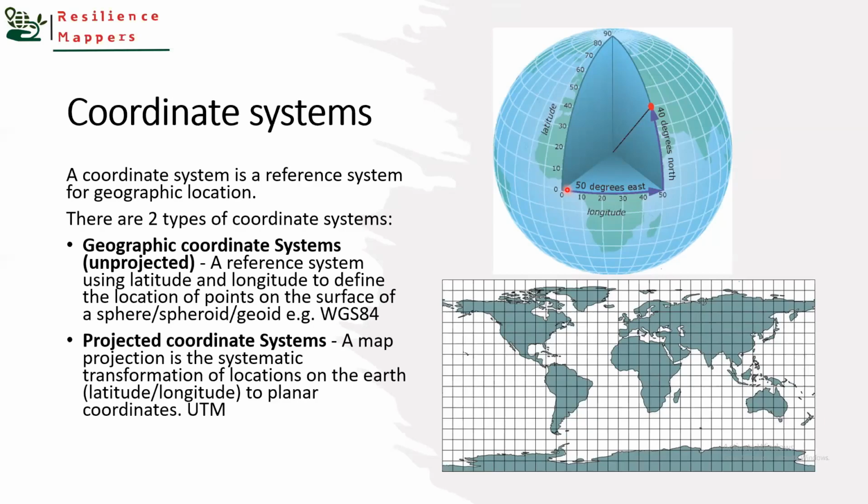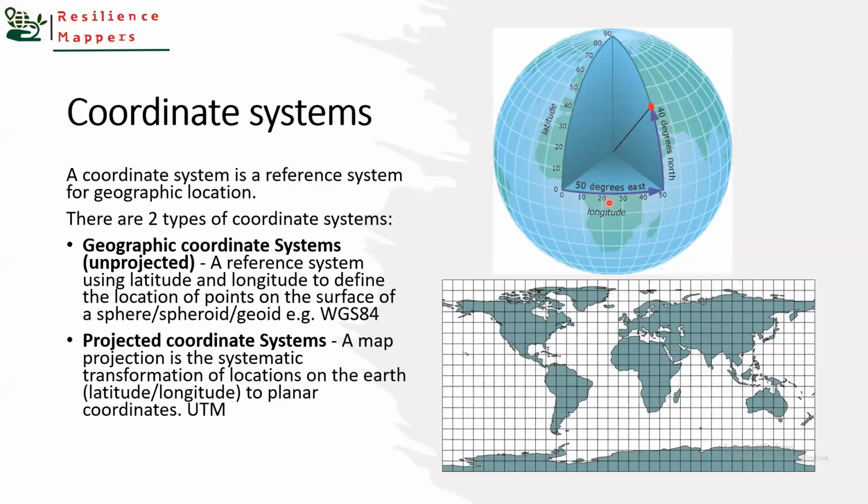Then a projected system exists because the Earth can be considered round, a sphere. But usually the final outputs that we produce are printed maps, or they are in 2D. Even a map on a web page, embedded on a computer, or printed and put on your wall is 2D, not 3D the way it is in the first case.